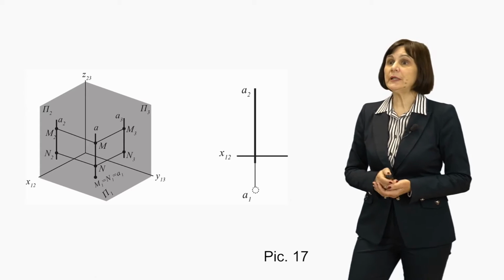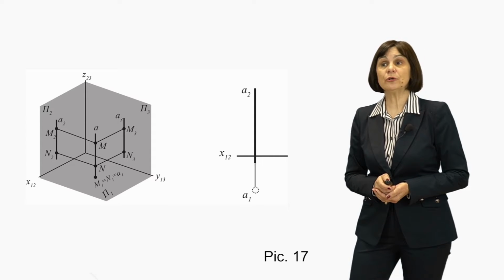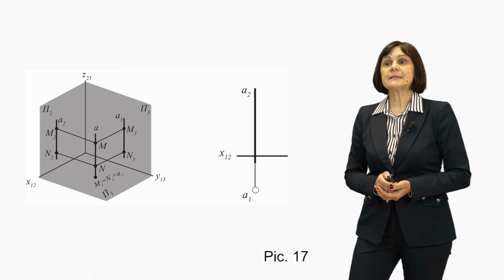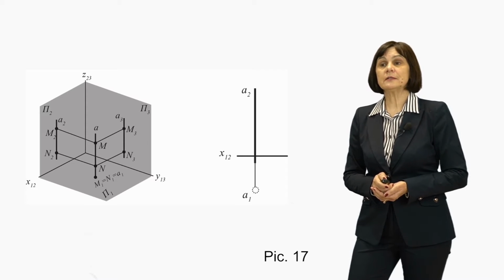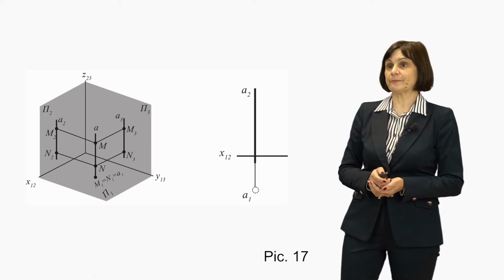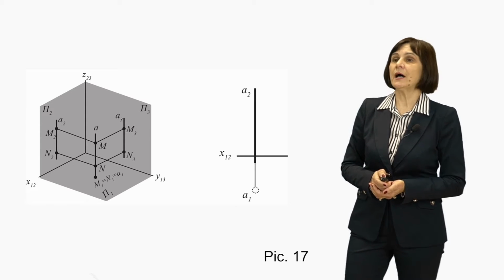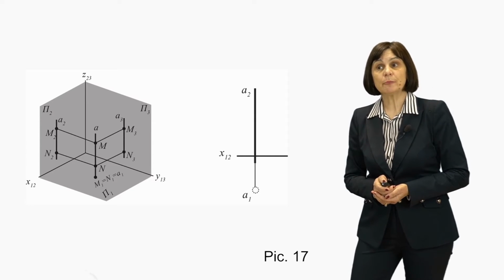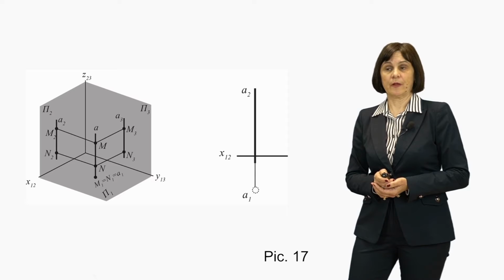On this drawing is shown the horizontal projecting line. This line is parallel to the frontal and profile planes of projections. It means that it is perpendicular to the horizontal plane of projections.